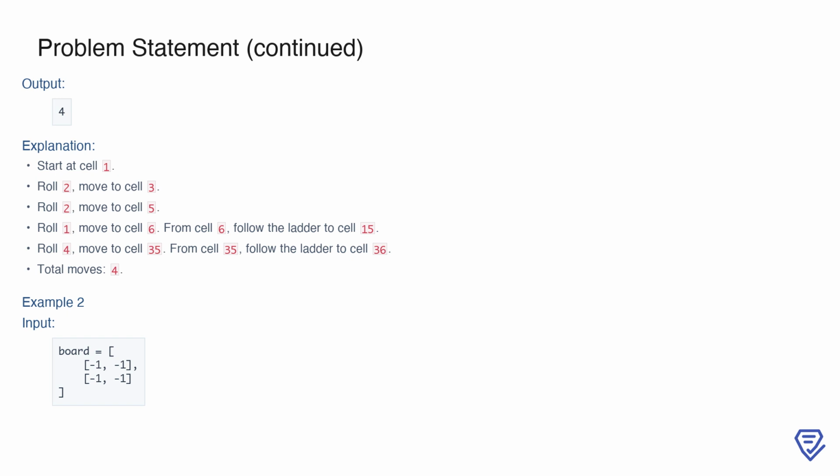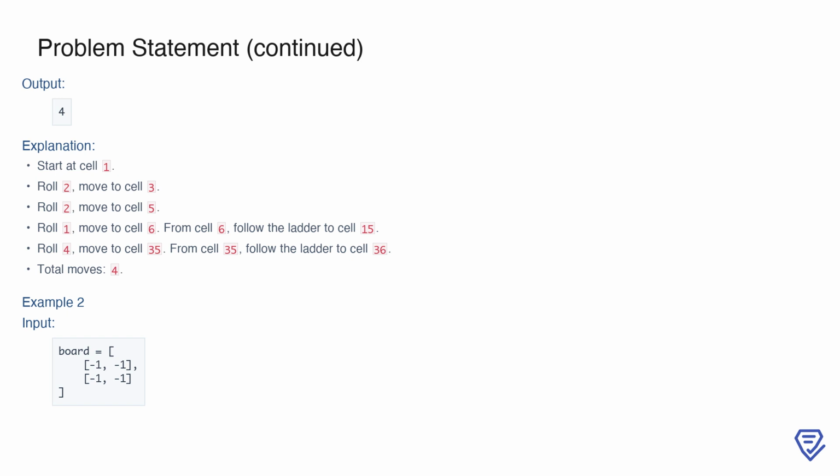Here's how it works: you start at cell 1 and roll a 2 to move to cell 3. Rolling another 2 takes you to cell 5. Next, you roll a 1 and move to cell 6. Since cell 6 has a ladder, you are transported to cell 15. Finally, you roll a 4 to reach cell 35, and from there, you use the ladder to jump to the last cell, 36. The total number of moves is 4.